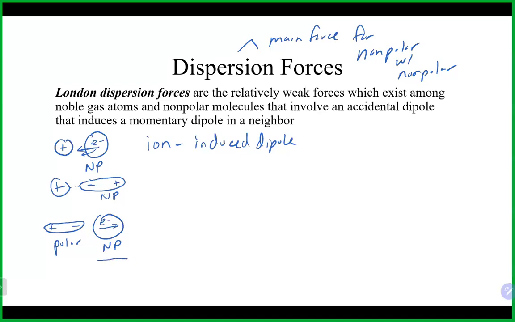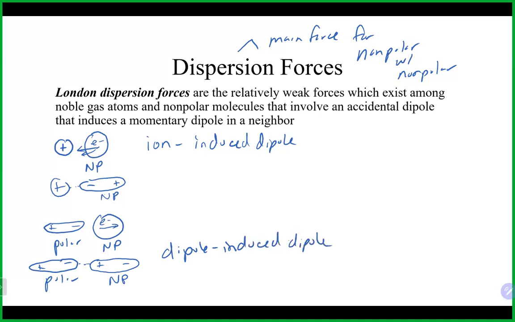And again, it's going to create a temporary charge in your nonpolar molecule that will temporarily be able to interact with our polar molecule. This is what is referred to as a dipole-induced dipole interaction. So this is one way in which, for example, a nonpolar molecule can basically interact with a polar molecule.